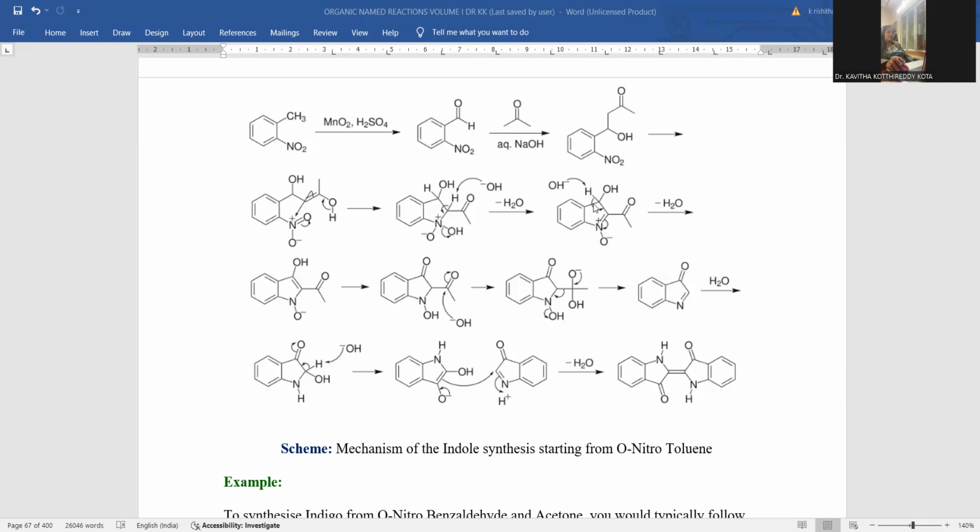The pi bond moves back and the alkaline condition will abstract the proton from the third carbon atom, so that the pi bond is restored over the carbon-carbon bond, and the other pi bond moves in order to satisfy the valency of the nitrogen. So the N-oxide will be originated. Here the hydroxyl remains and you can establish aromaticity within the molecule with the substitution of acetyl at position number 2.